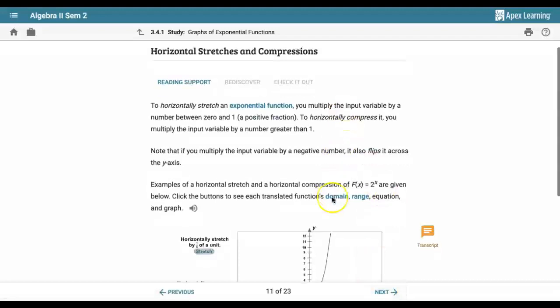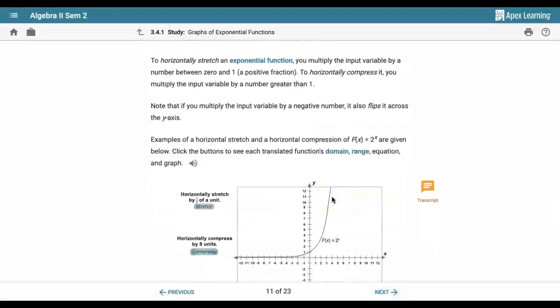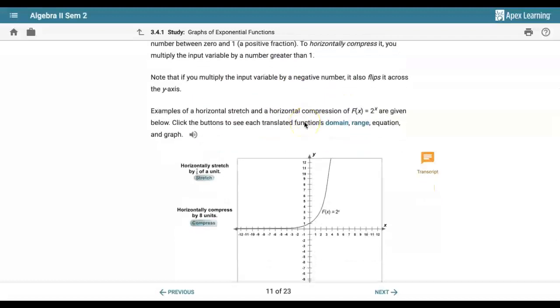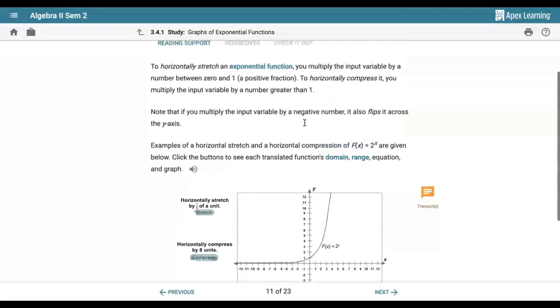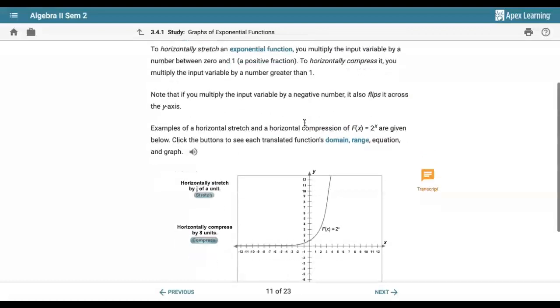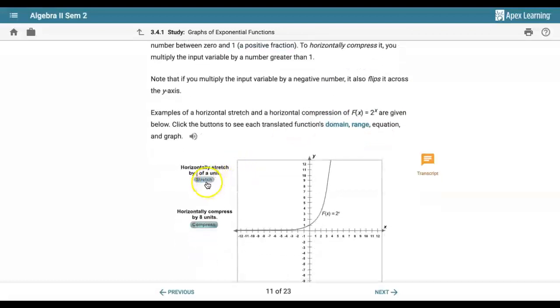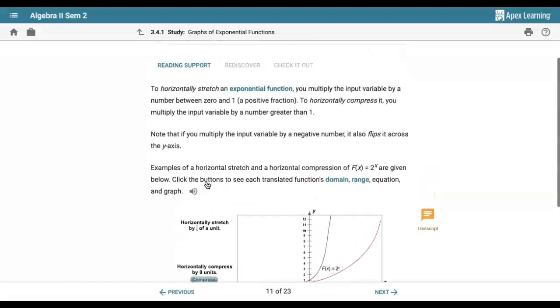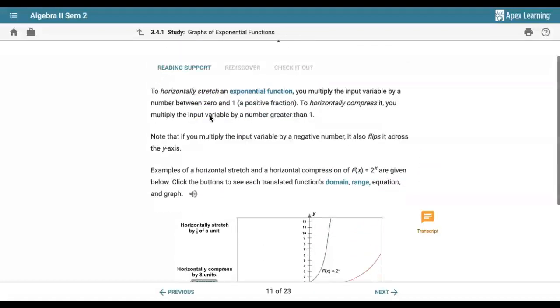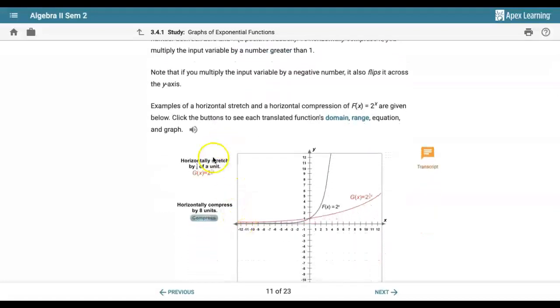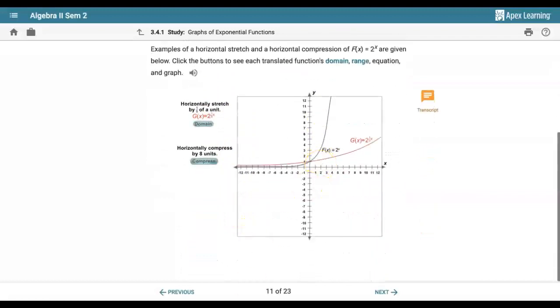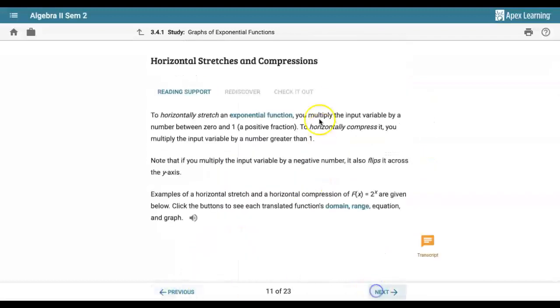Now, if we want to look at flipping, if we multiply by a negative number, it flips across the y-axis. And we're talking here about horizontal stretching and compressing instead of vertically now, so let me go back here for 1 second to clear that up.